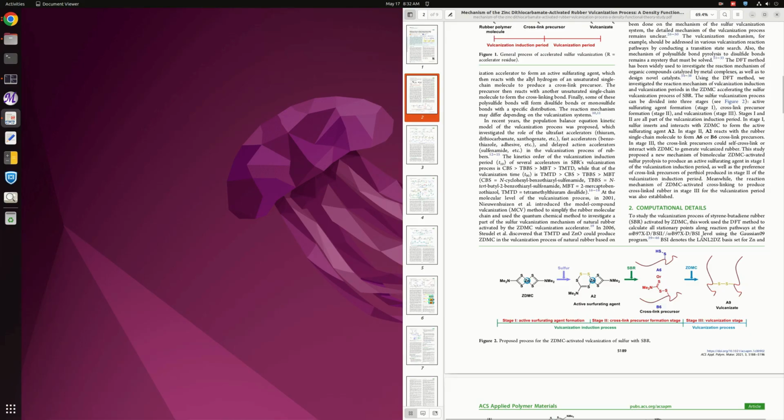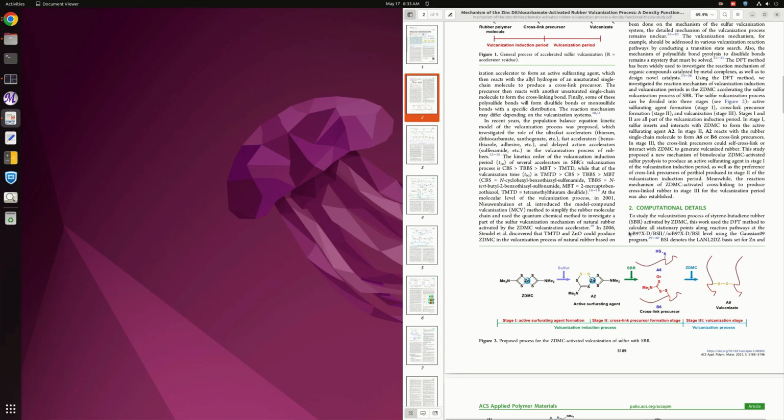They say that in this work they used the DFT method to calculate the stationary points along reaction pathways at the WB97X-D/BS2 and WB97XD/BS1 level using the Gaussian 09 program.